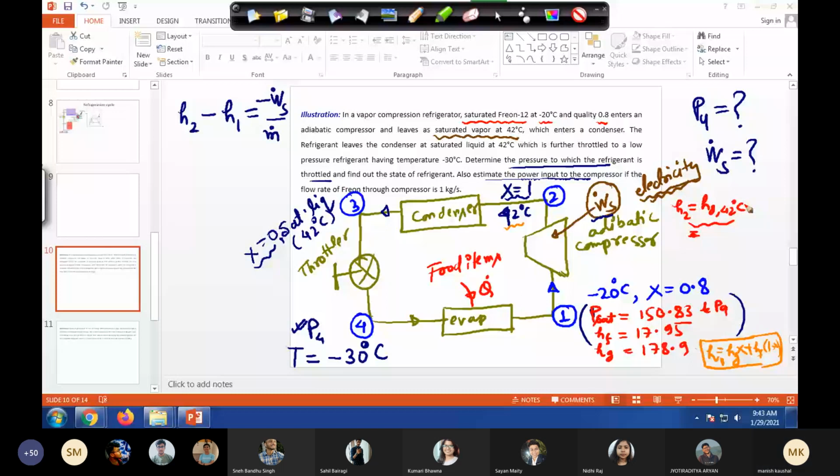H2 comes out to be 203.75 kilojoule per kg, which is Hg at that temperature. So you know H2, and H1 I have also calculated. Let me write it for you: H1 comes out to be 146.7. Thank you. This comes out to be, let me use a different color.